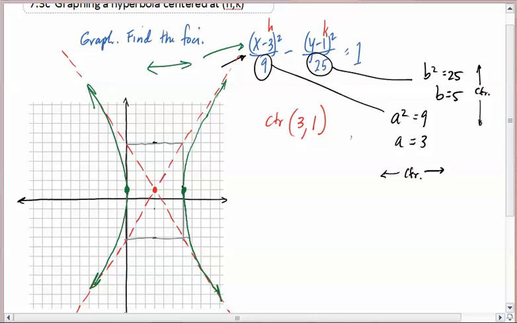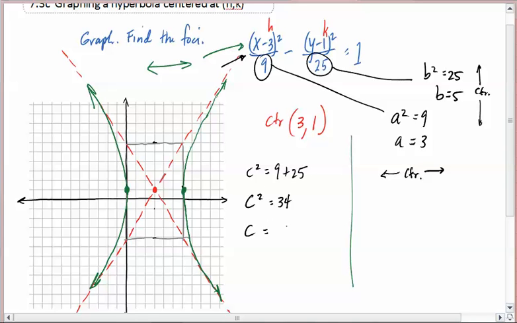Now let's find the foci. Here we go. So we have c squared. C squared is consistently the distance from the center to the foci in an ellipse and a hyperbola. So we have 9 plus 25. We have c squared is 34.